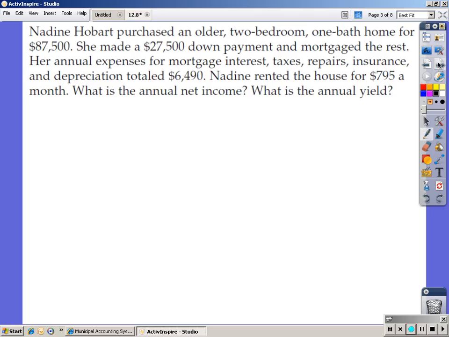First problem, find the annual net income. The formula is the annual rental income minus the annual expenses.